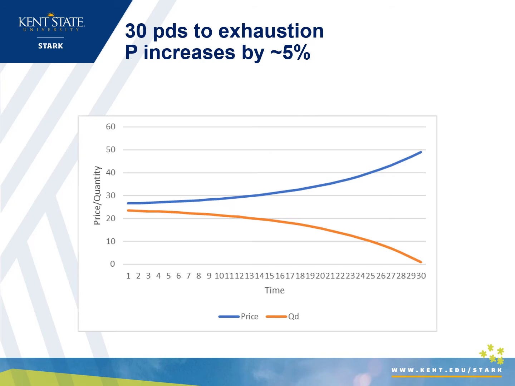Instead of being about, remember, $8.50, something like that, now we're looking closer to $26, $27 as being the starting price, and that increases by 5% in each period rather than by 10% in each period as was previously the case. Though again, it does have that trait where when we exhaust the resource, our price is just barely underneath that backstop price.